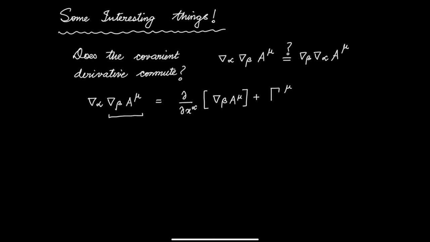One will be when I take the contravariant index, and for the covariant index, I will have, sorry, this is mu and this is alpha and beta.